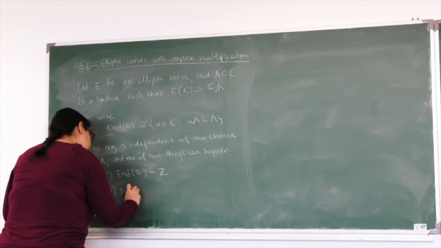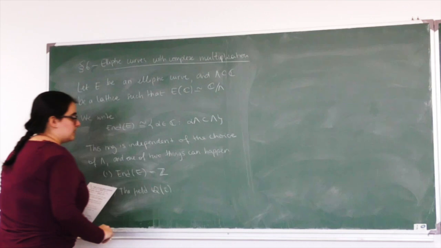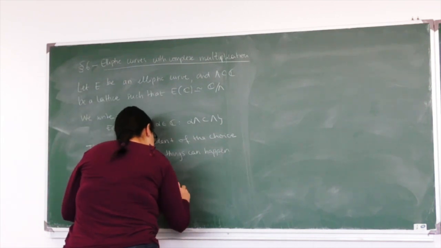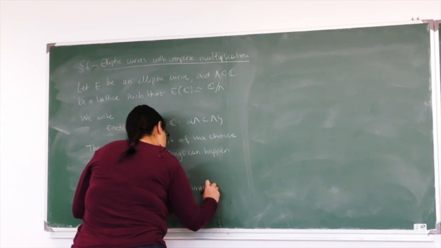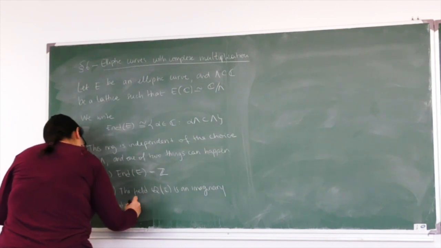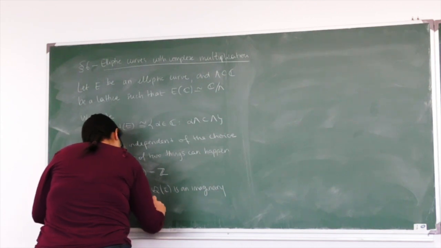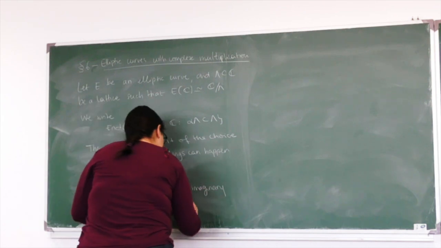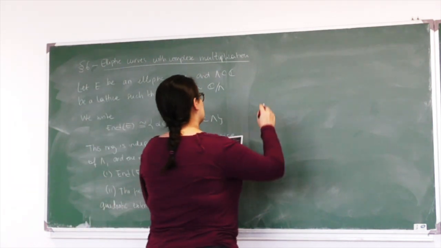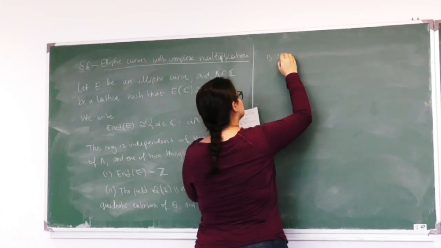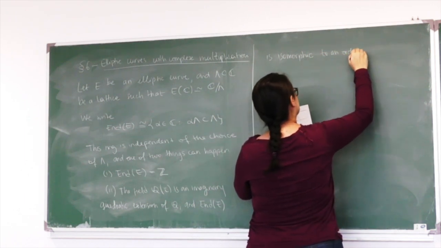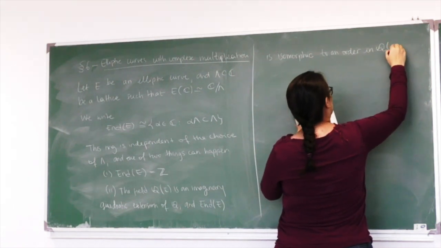the field generated by attaching the period of the lattice to the rational numbers is an imaginary quadratic extension of Q, and then the endomorphism ring of the associated elliptic curve is isomorphic to an order in this quadratic imaginary extension.